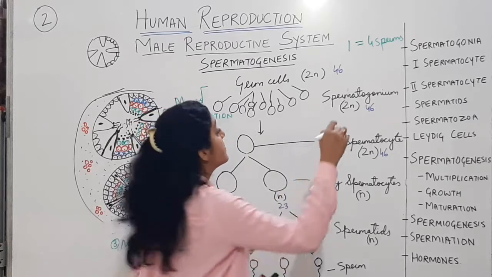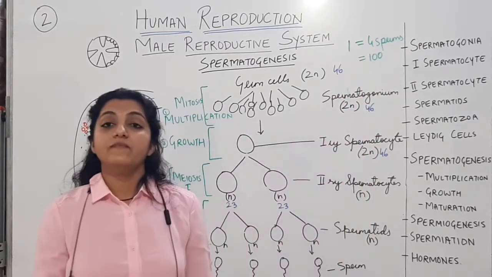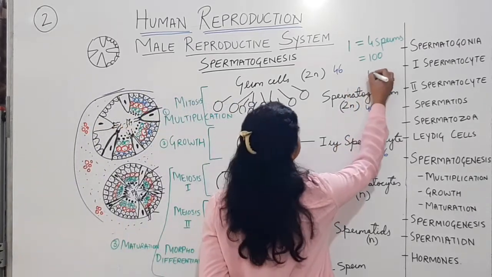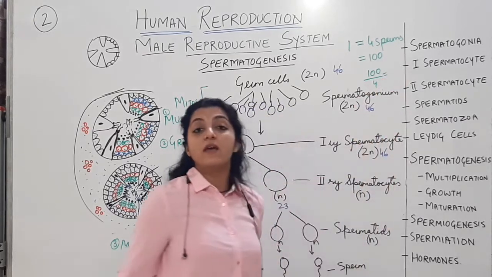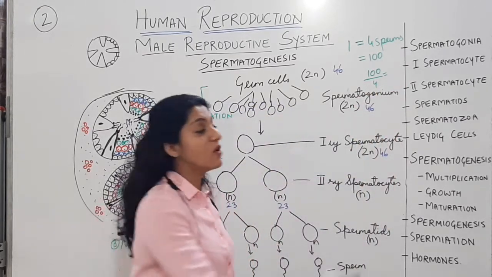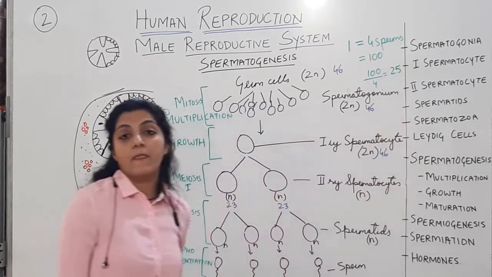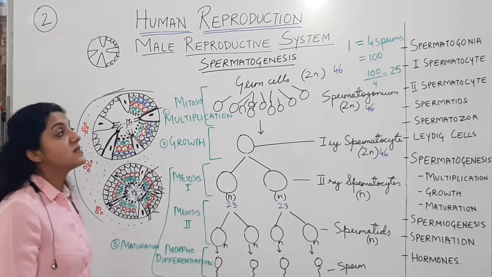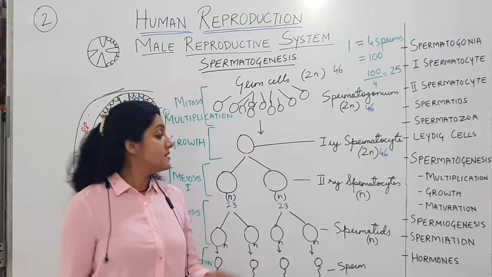So 100 sperms बनाने के लिए कितने primary spermatocytes लगेंगे? 100 divided by 4, which is going to be how much? Which is going to be 25. Okay? Which is going to be 25. So that is how you will be getting MCQs. Now you are going to tell me the answer.